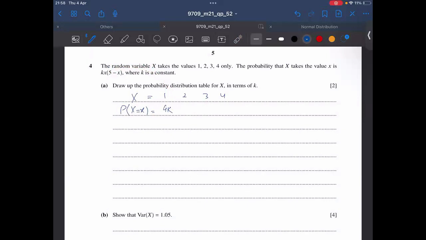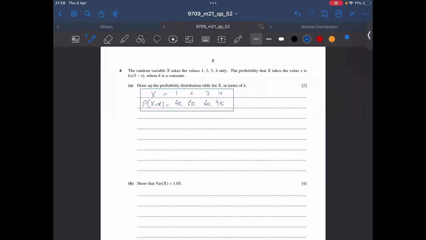And if you substitute 2, you're going to get 5 minus 2 is 3 times 2, 6k. And then if you substitute 3, it's going to be 2 times 3, 6k. And if we substitute 4, it's going to be 1 times 4, 4k. All right. All good, Mr. Yusuf Hussain, Mr. Imad Ahmed?